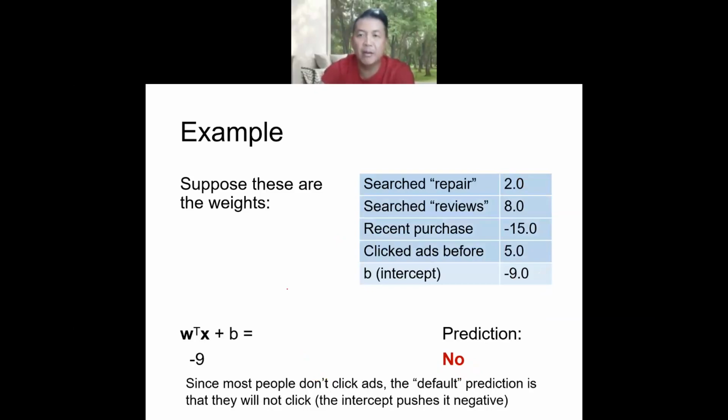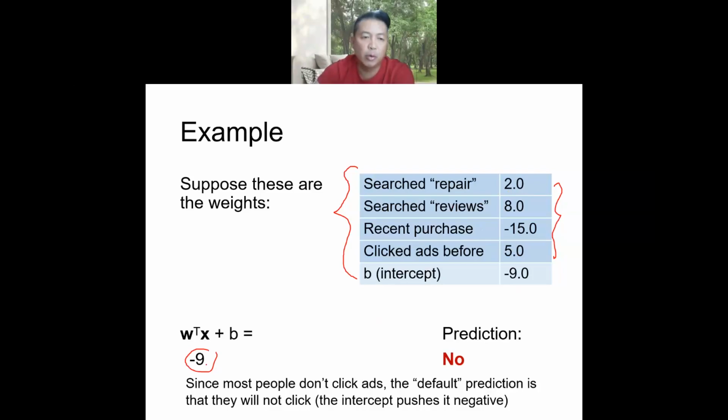Okay, so if none of them are true, that means we only have minus 9. None of them is true, so none of them will be turned on.